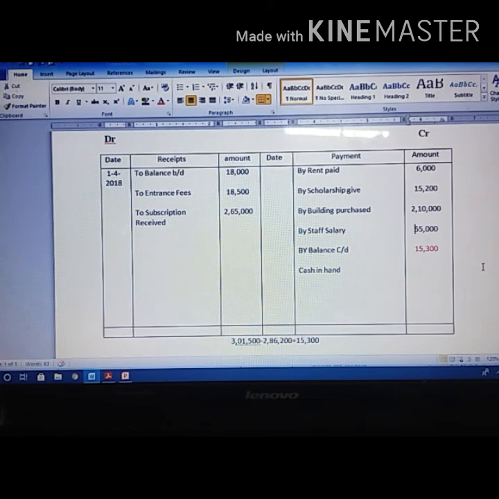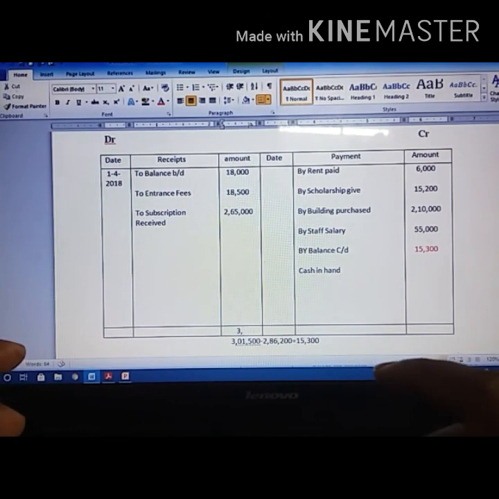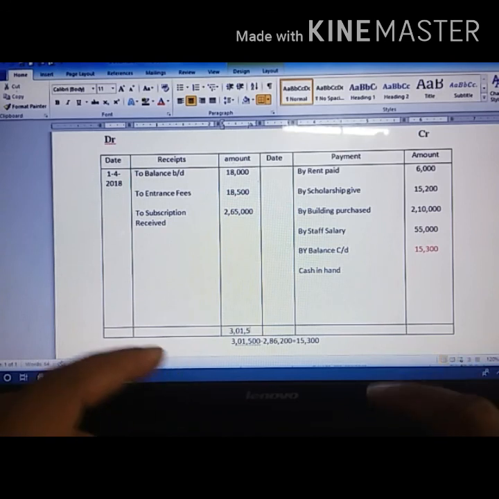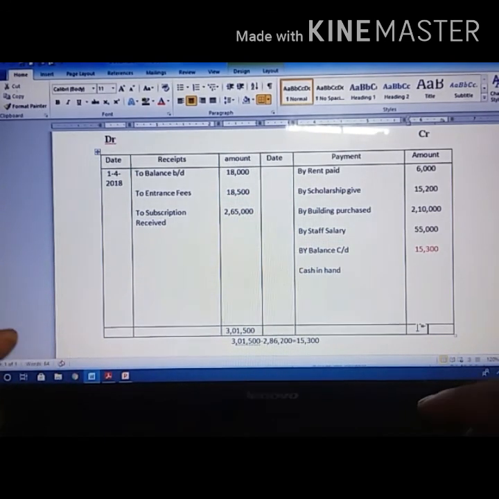You have to find out the highest value. I forgot to write the highest value here. So the highest value is 3,10,000, that you must write on both sides.